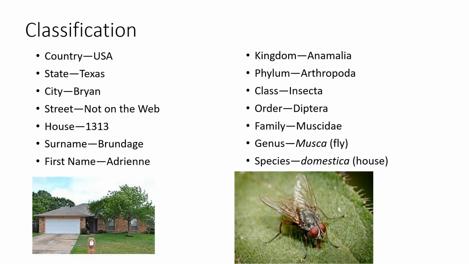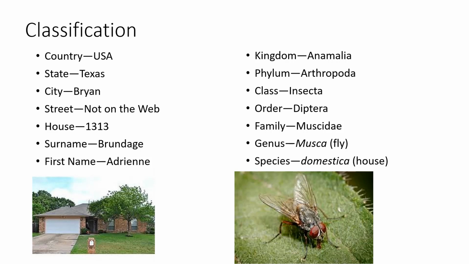Now, even in Texas, though, there's millions of people. So we have to move even smaller. Then we want to get into somewhere within that geographical region of Texas. So we're going to go for the city. So that city is Bryan. So I live in Bryan, Texas, right near College Station.